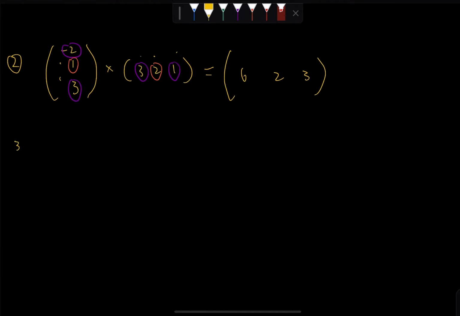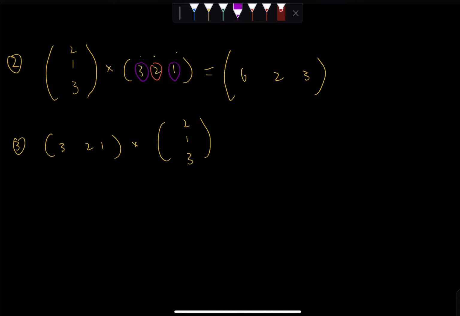Then it can be the other way around too. You can have your 3, 2, 1 and your 2, 1, 3, right? And basically you have your first row multiplied by the first column, right?